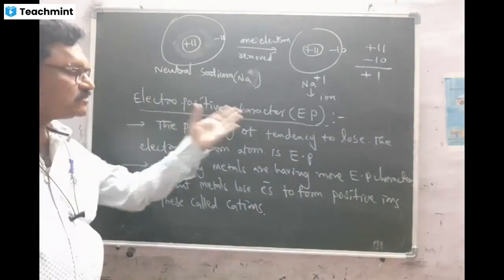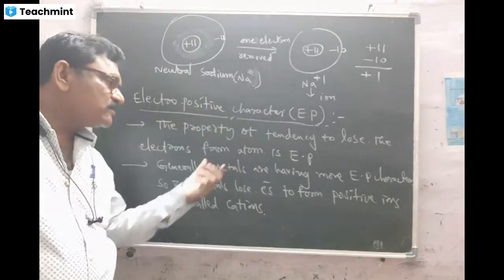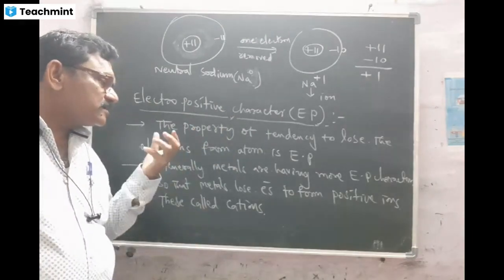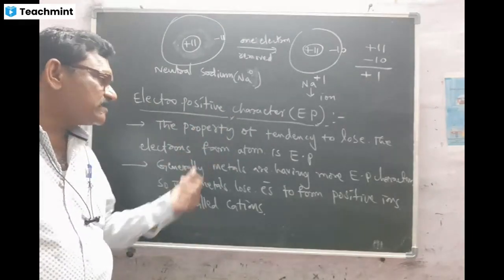See, what do you mean by electropositive character? That is one of the properties: tendency to lose the electrons from a neutral atom.